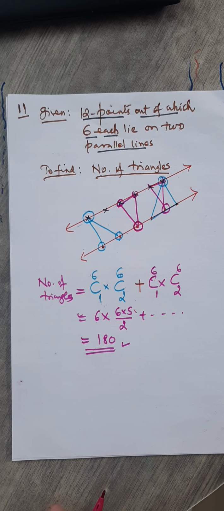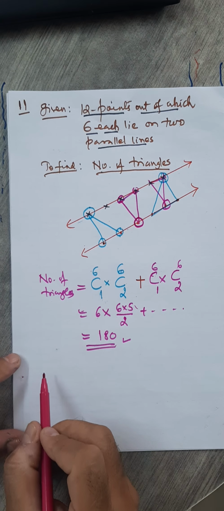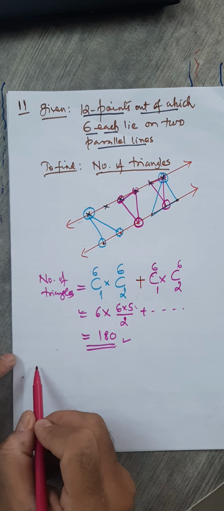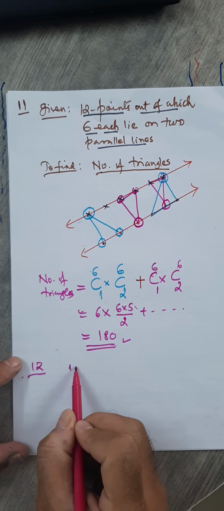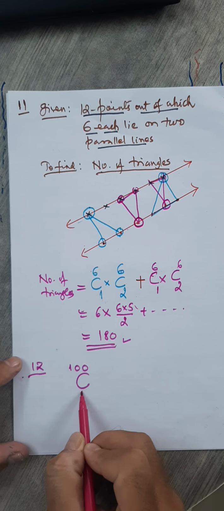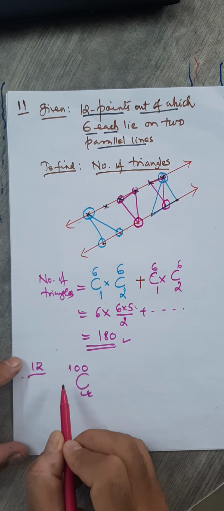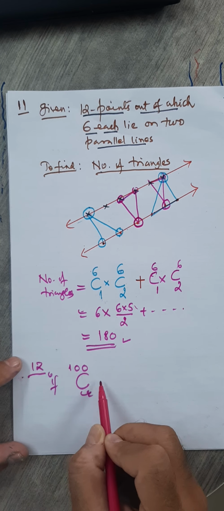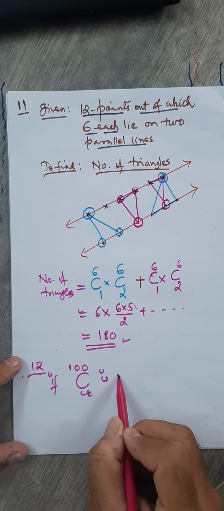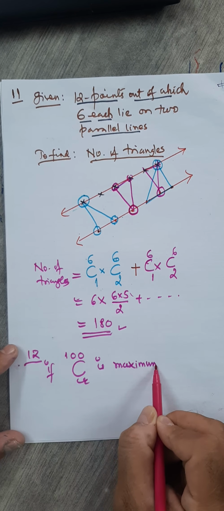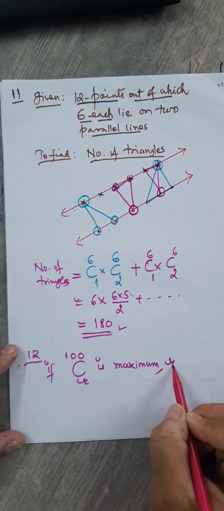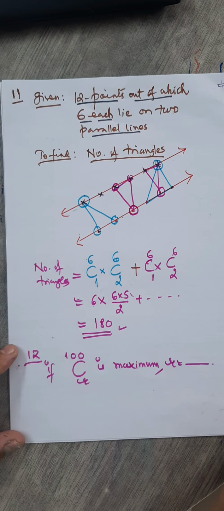Okay. Fine. Next question is here. Question number 12. You are given 100CR. If 100CR is maximum, if R equals to what?